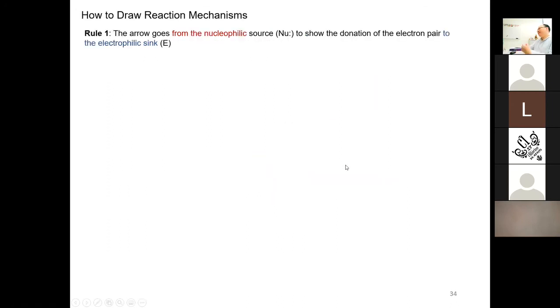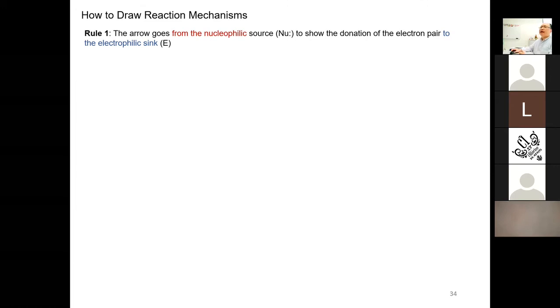Okay, then how to draw? So we have a nucleophile that is rich in electrons, right? Then we have electrophiles that are deficient in electrons. So those would react with each other as we showed. Then how do we describe this kind of electron flow? This is how we learn arrow pushing.